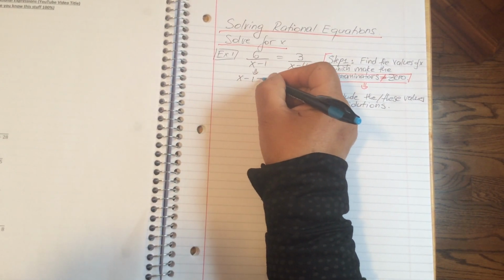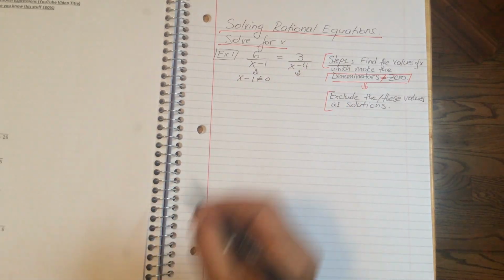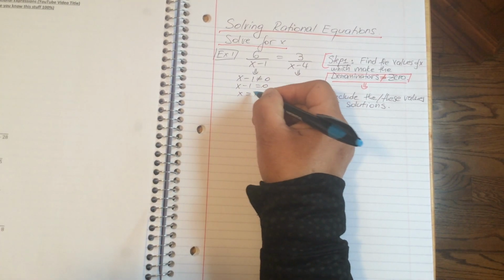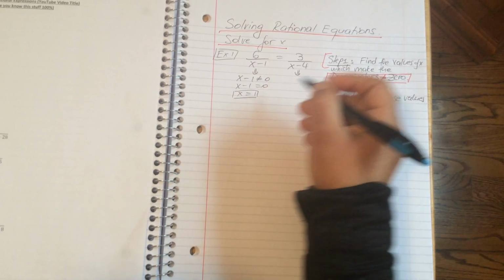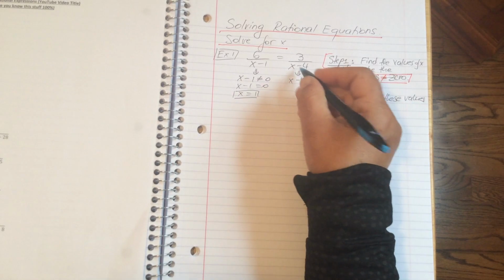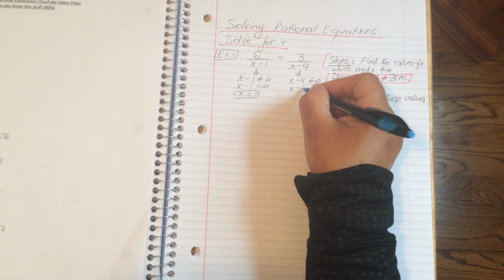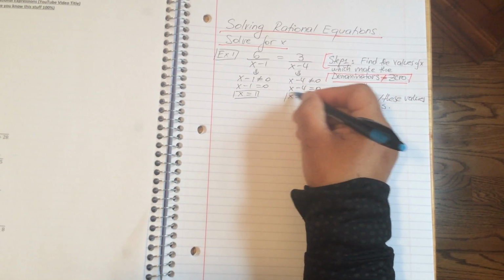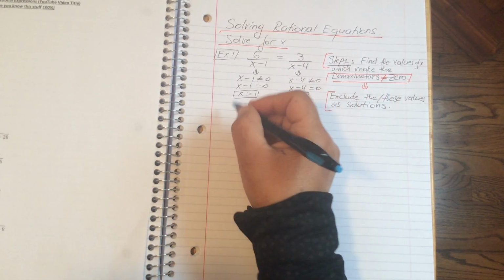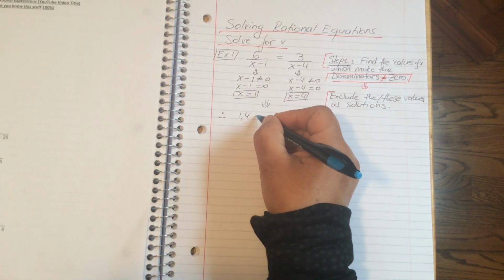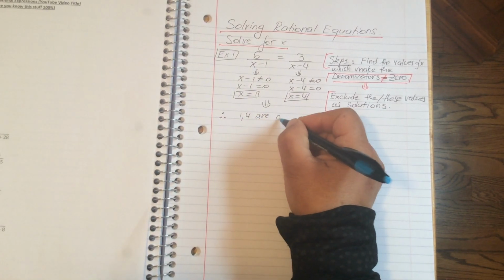So x minus 1, we want different from 0. X minus 1 is equal to 0 if x is 1. And x minus 4, we need it different from 0. X minus 4 equals 0 when x is 4. Therefore, 1 and 4 are not solutions.